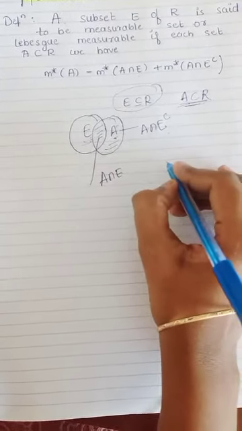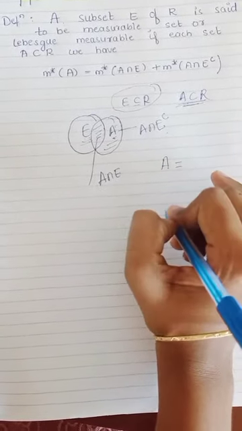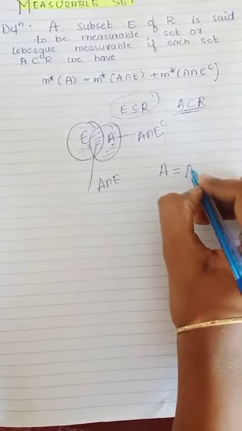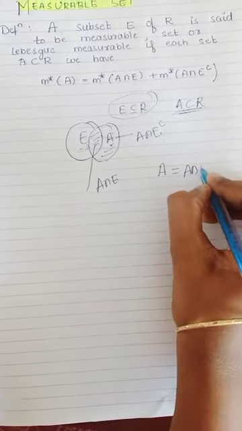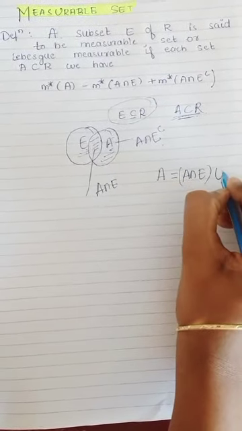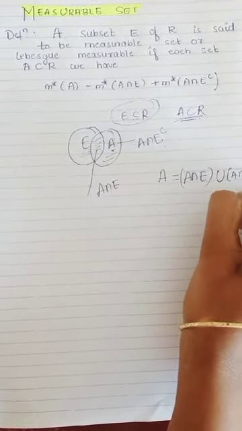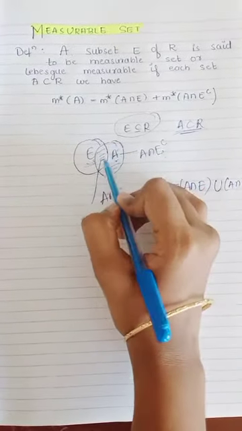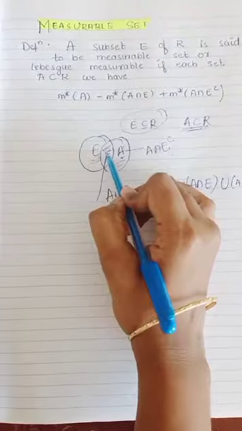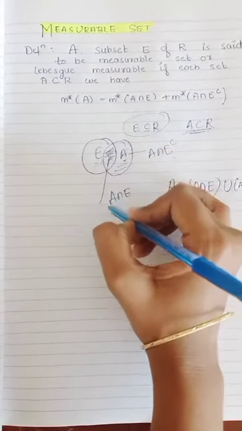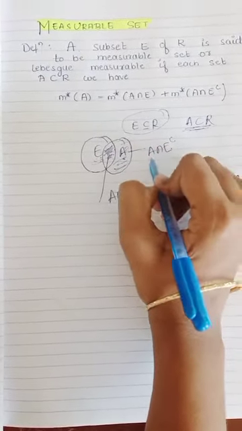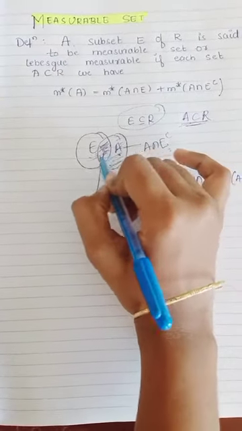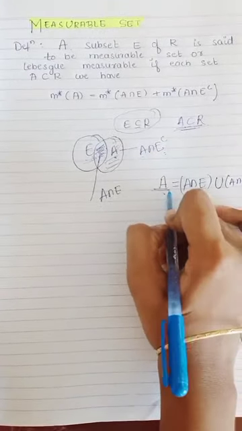Now A can be written as A intersection E union A intersection E complement. This part is your A intersection E and this part is your A intersection E complement. If you do the union, you will again get A.